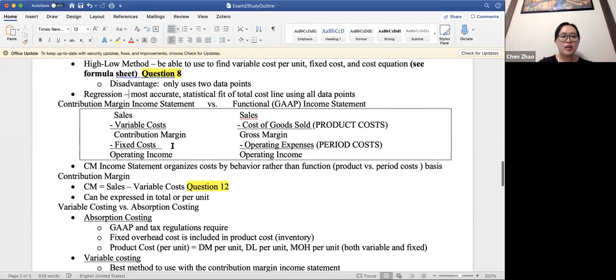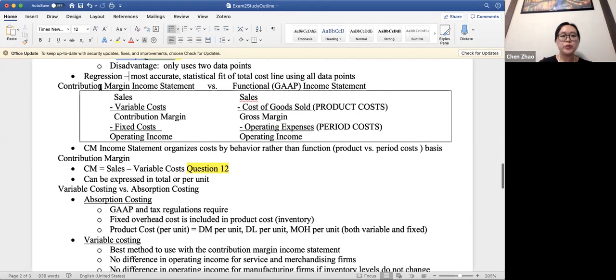Okay. Contribution margin income statement and functional income statement. We bring in another kind of income statement called the contribution margin income statement. You have done that in project 2.